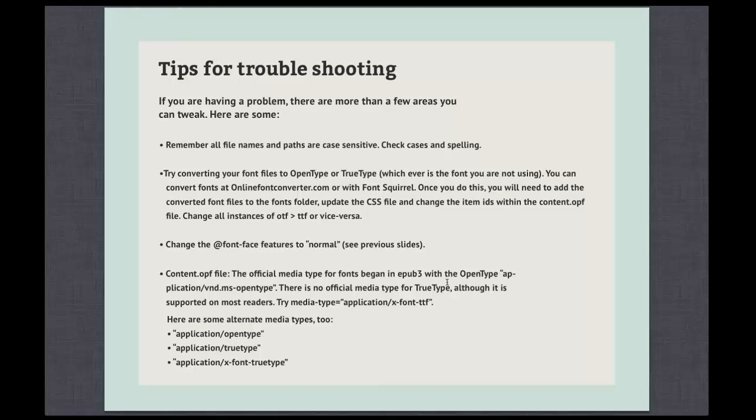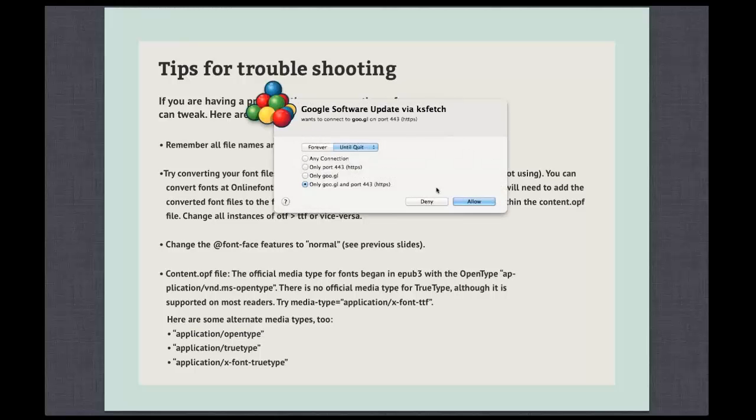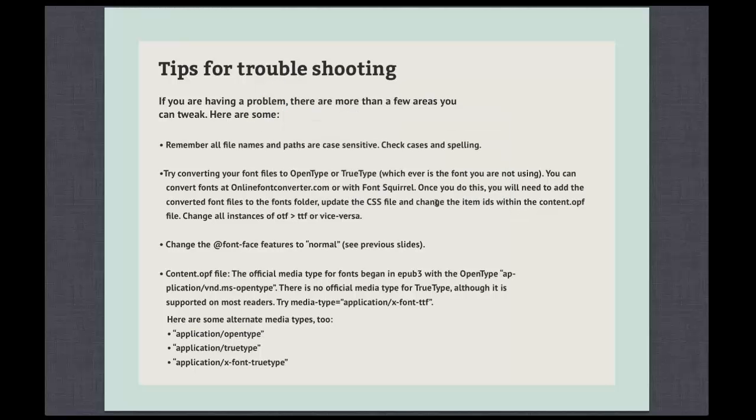And as I mentioned before, the media types, there are a few different ones. Prior to EPUB 3, there was no official media type, so there's kind of a hodgepodge of different media types listed in different people's content.opf files. So the official media type for OpenType is application/vnd.ms-opentype, and there's no official media type for TrueType.